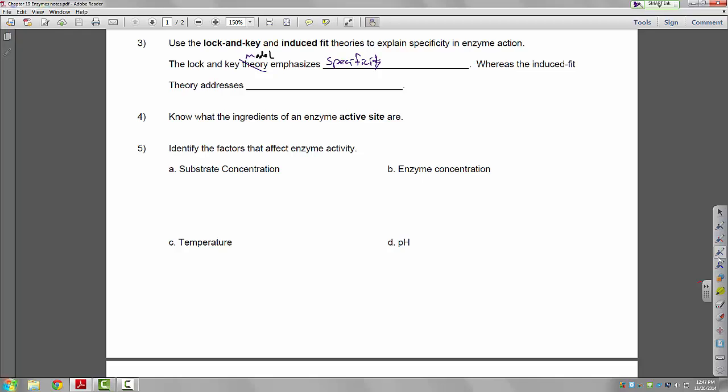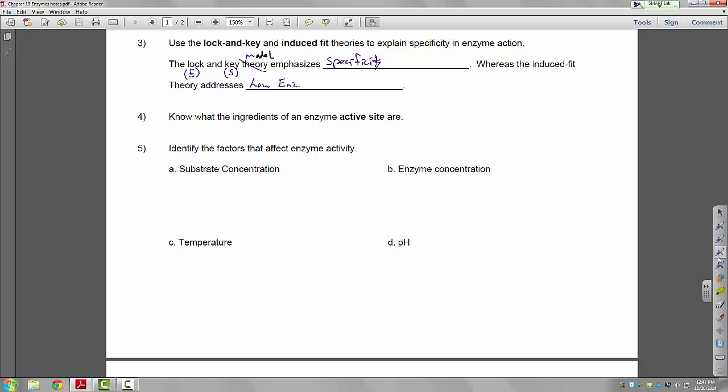That is to say, enzyme will bind one substrate, so the lock is the enzyme, and the substrate is the key, and the key fits into the lock, and only one key will fit into that lock, so it emphasizes specificity.